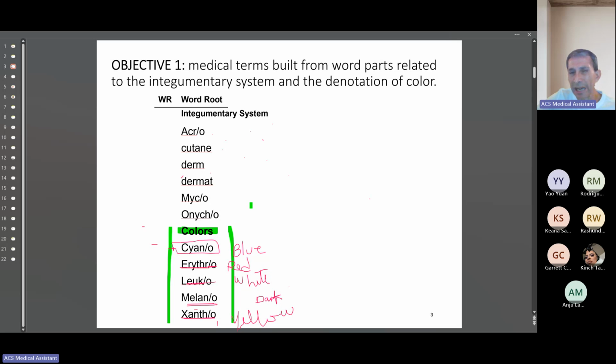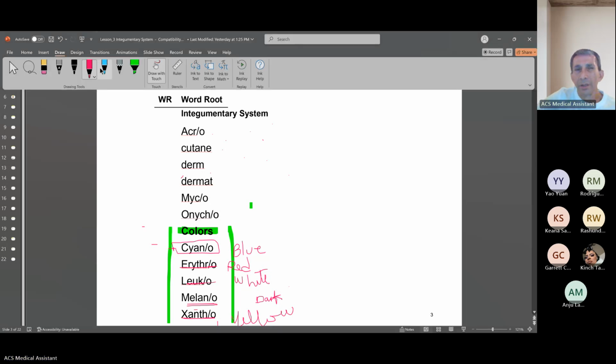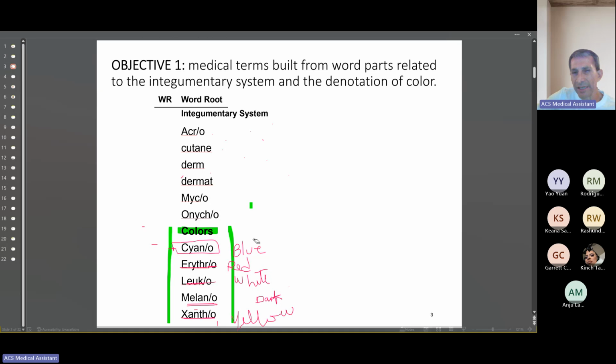So you are going to have cyano, the other one is going to have erythro, the other one is going to have leuco, but you don't know which one you're going to have. For that reason, it is good to know all of them. It's only 5 colors. Blue, red, white, dark, or black, and yellow. So basically, that's what it is.